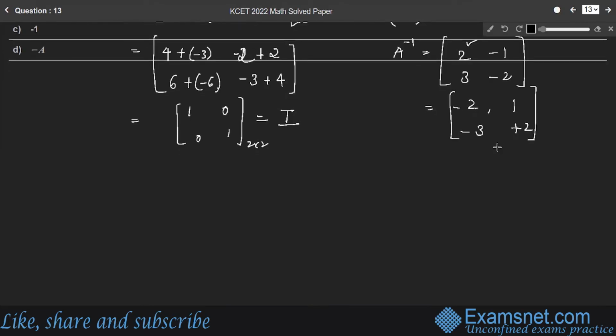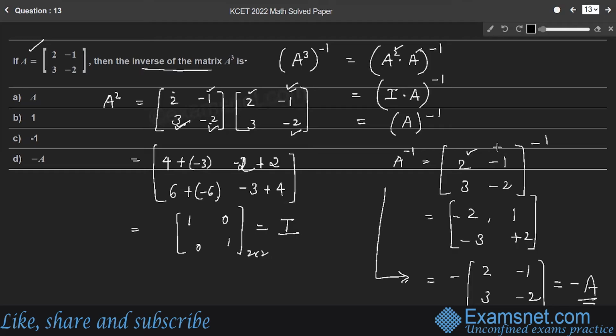Taking out the negative sign, the matrix becomes [[2, -1], [3, -2]], which is nothing but matrix A, with a negative sign. So the inverse of A is minus A. Therefore, the inverse of matrix A cube is minus A. Option D is the right answer.